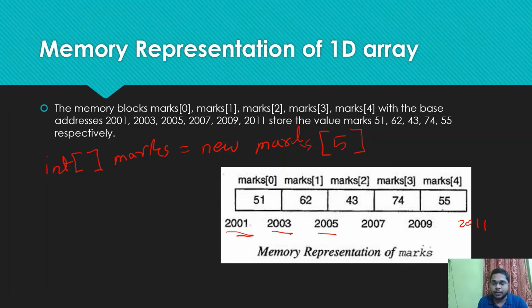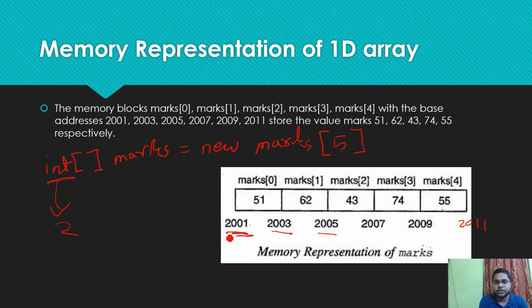How is it represented? Already I told you that in an array the memory representation is in sequential order. If you see the type of your array, that is int, what is the size of an int type? That is 2 bytes.